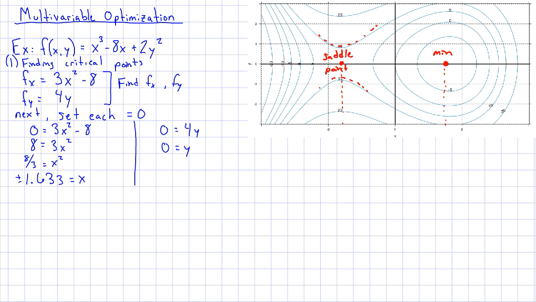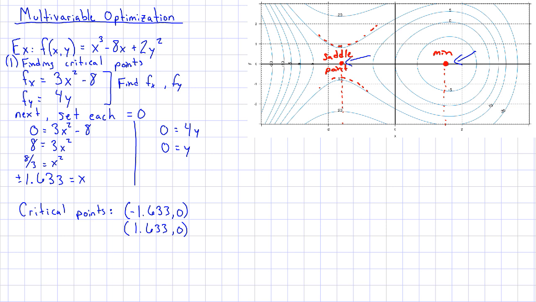So the critical points are negative 1.633 and 0, and then positive 1.633 and 0. So that's my x-coordinate and my y-coordinate for my critical points. So that's a good start. Those are those points of interest. So that corresponds to these two red dots on my graph. It's the 2 points of interest.